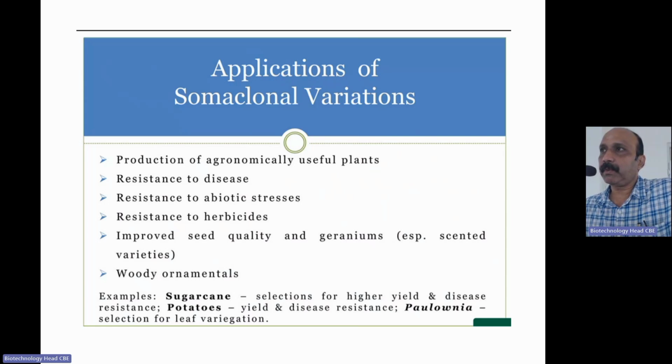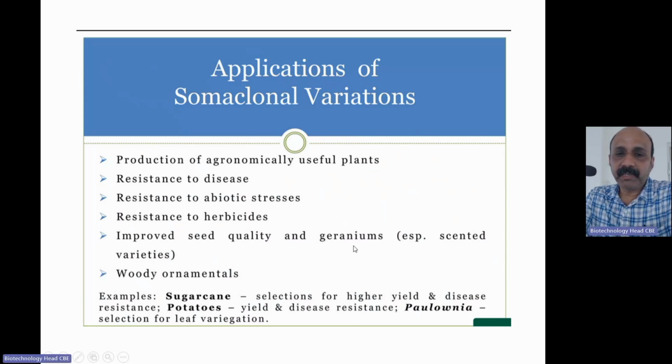All these characters were introduced at a time in this variety through somaclonal variation without any interference from us in that culture. So, resistance to diseases: it's difficult to identify the genes responsible to overcome a disease, but somaclonal variation can give rise to natural disease resistance, abiotic resistance, herbicide resistance. All this can be applied through somaclonal variation.